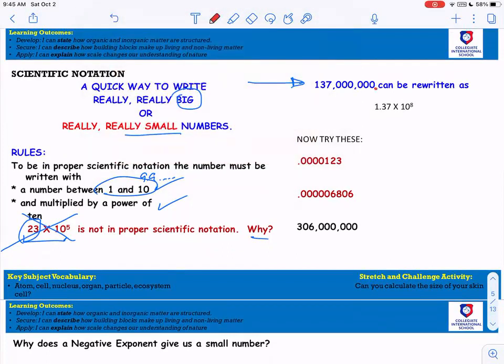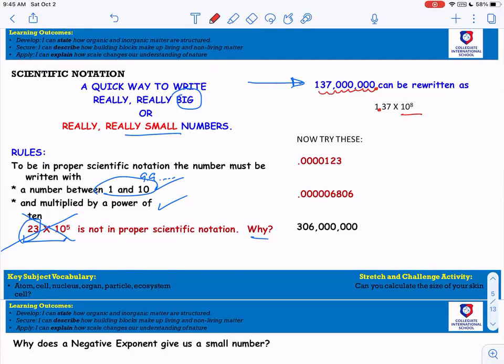If the decimal is over here, then I'm going to count, right? If I need to put it here, I have to go 1, 2, 3, 4, 5, 6, 7, 8. So that would mean that when I put the decimal here, I have a power of 10 to the 8, because I have moved the decimal point 8 places.